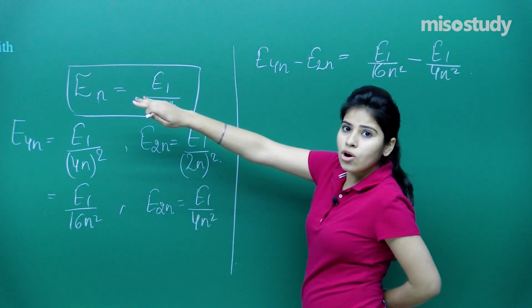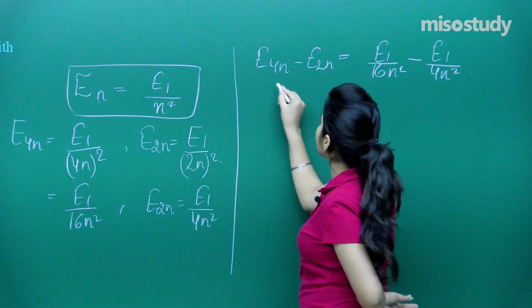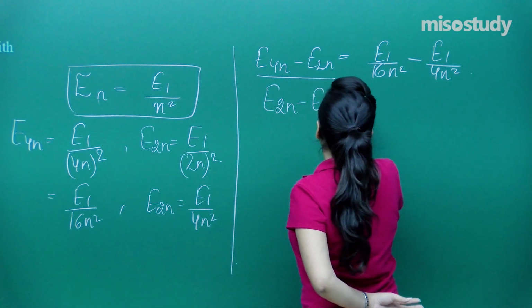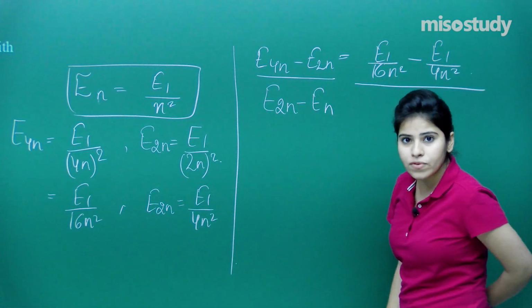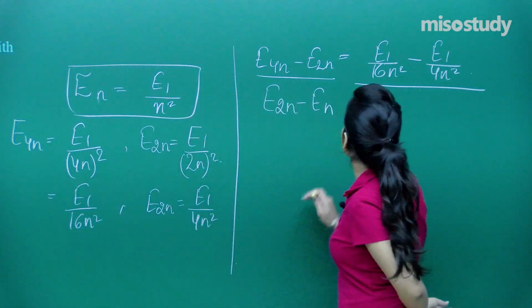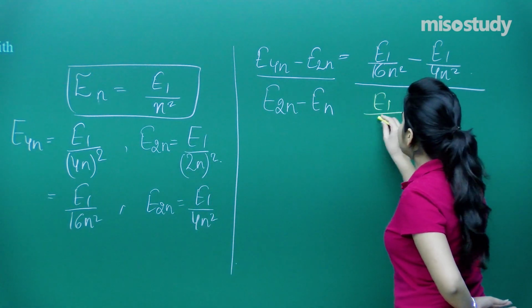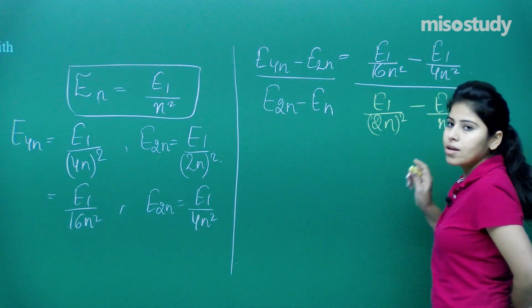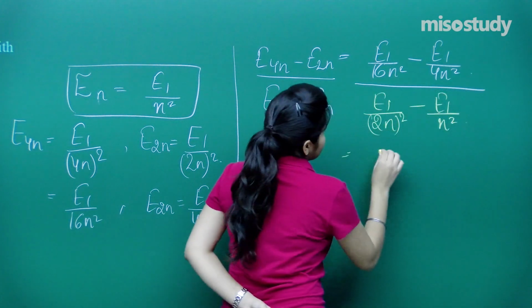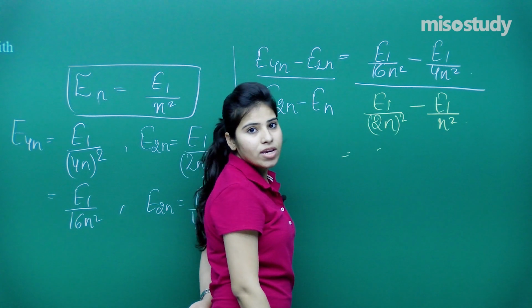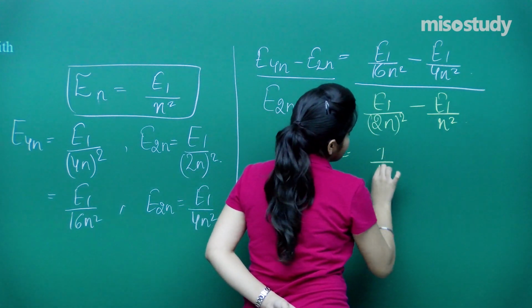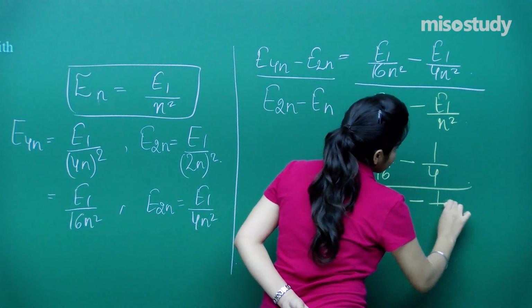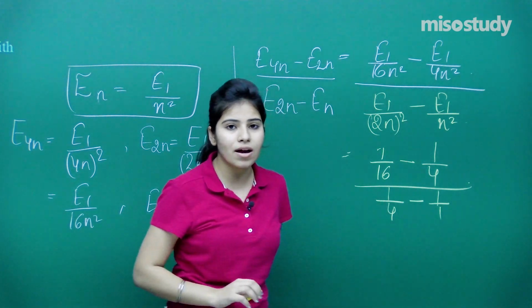As I have to take the ratio of E4n minus E2n and E2n minus En, that will be E2n, which is E1 upon 2n whole square, minus E1 upon n square. That will be the ratio. If I take E1 common, I will be left with 1 upon 16 minus 1 upon 4 divided by 1 upon 4 minus 1 upon 1. That will be the answer, right?